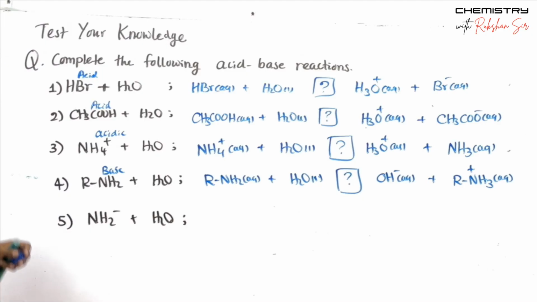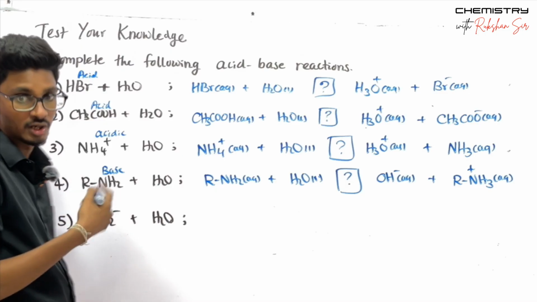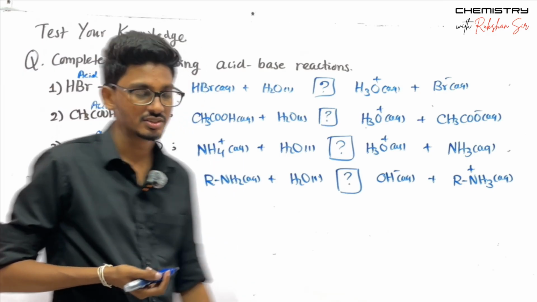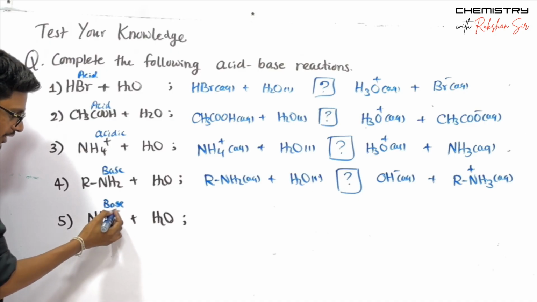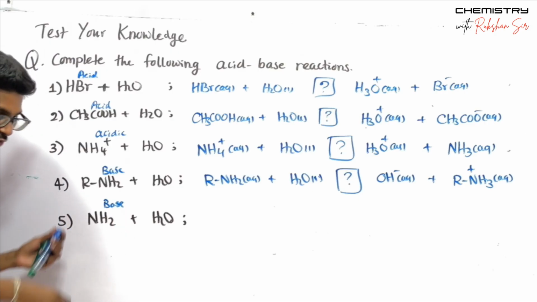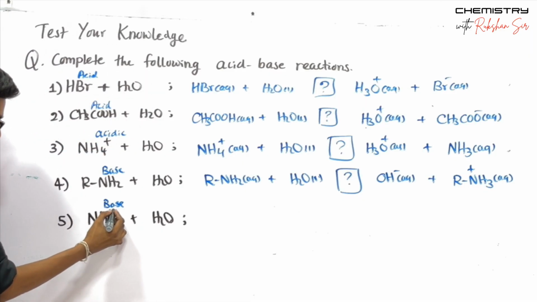This one, NH2 minus, is a base. NH2 minus is a stronger base even than NH3, right? If you are a minus species, definitely you are keen to accept H pluses.